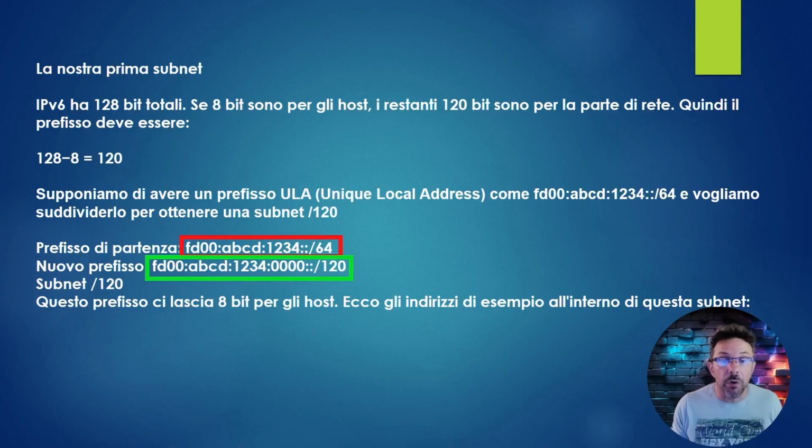If I wanted to create, for example, 512 hosts, I would need 9 bits. So I would have to do 128 minus 9, 119. And that would be my subnet for 512 valid IP addresses. So this is essentially how you do the subnetting.